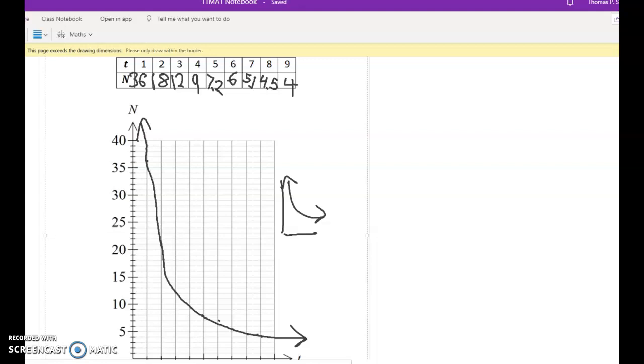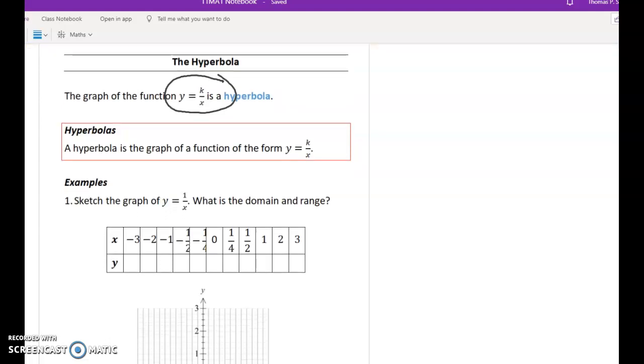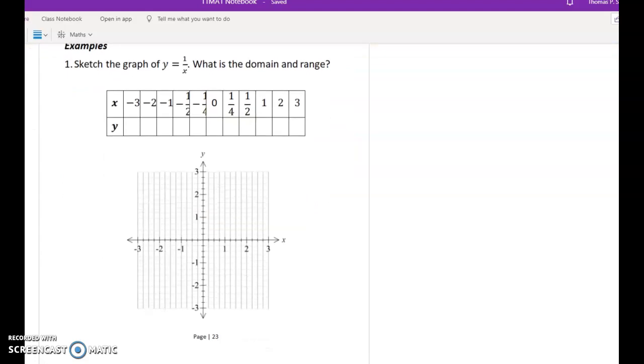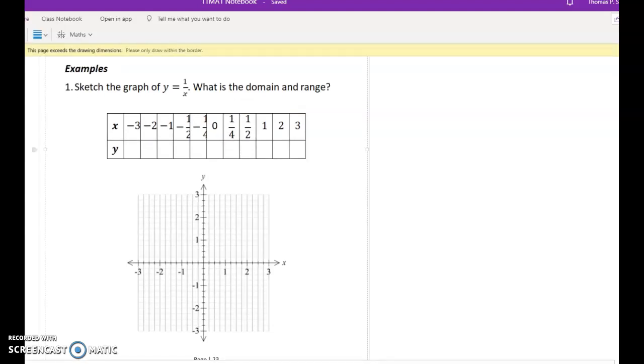Okay, so moving on to the next section. With the hyperbola, we can see that there's the form that we talked about for the inverse variation. So for the basic example there, y equals 1 over x. I'm not going to plot all these points. I'm just going to put some of the major features on it. So things to note, that this particular graph is going to go through 1, 1, and also negative 1, negative 1.